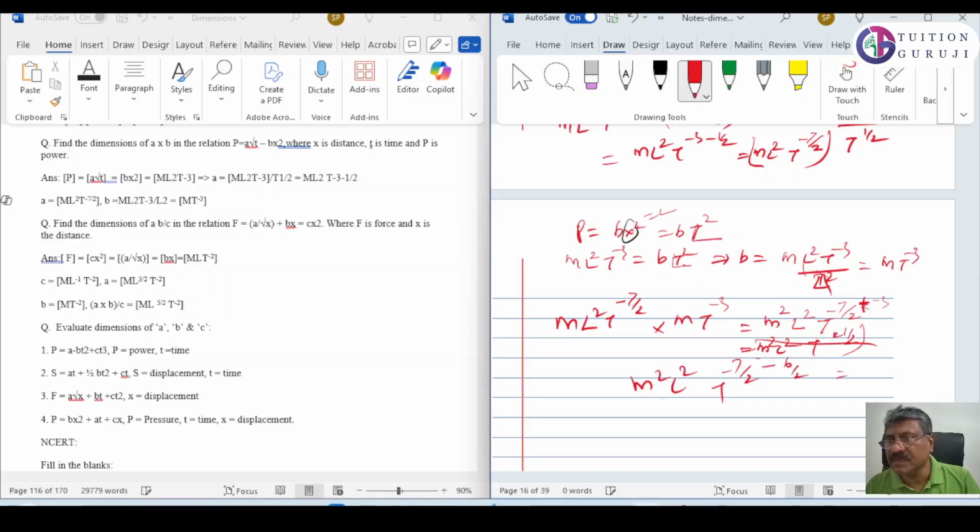So it will be m square L square T to the power minus 13 by 2.